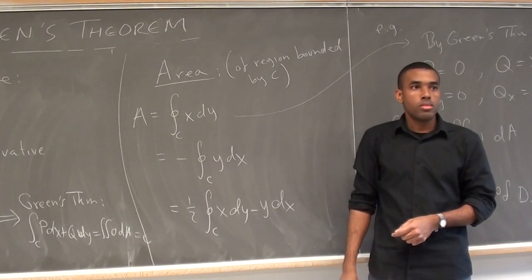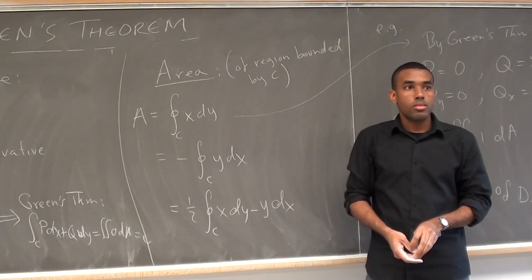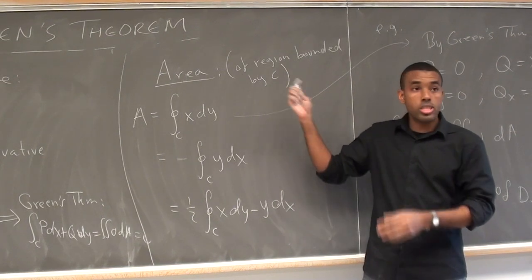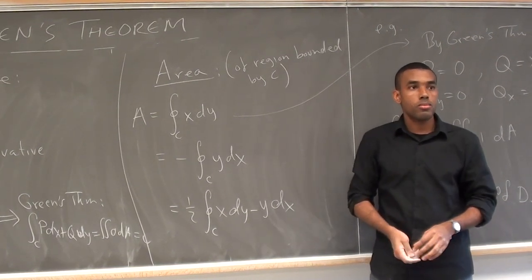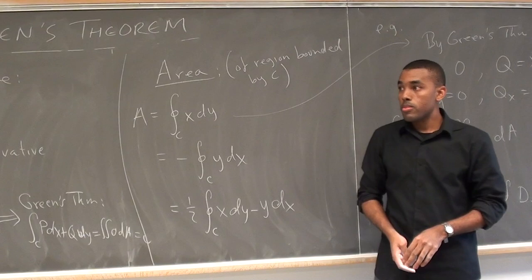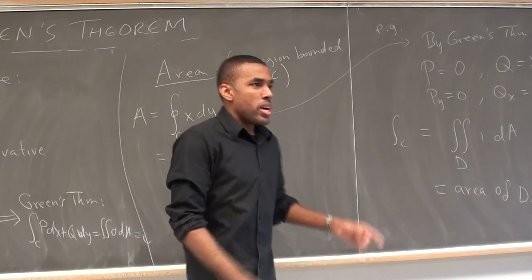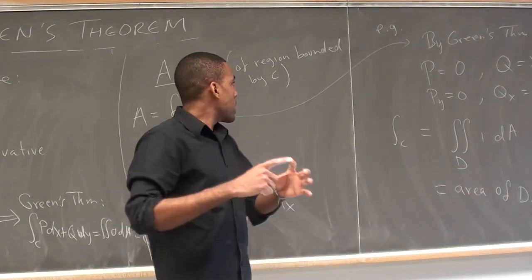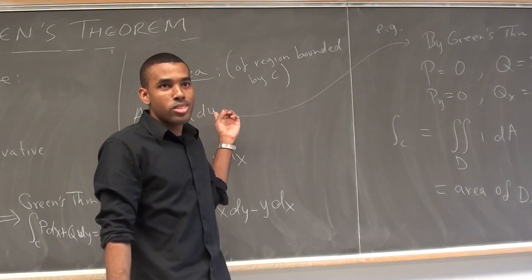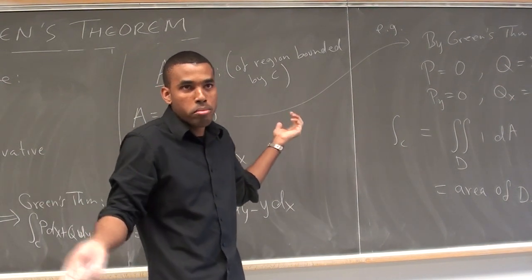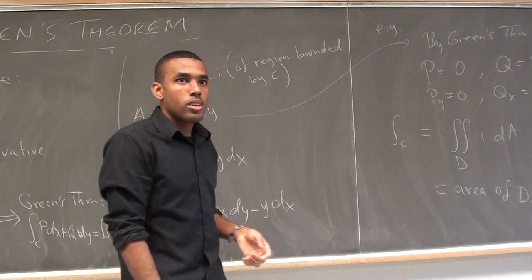Once your C encloses an area, yes. So for example, if I gave you a circle and asked you to compute this line integral, you just know the answer is going to be pi r squared. It's going to give you the area.